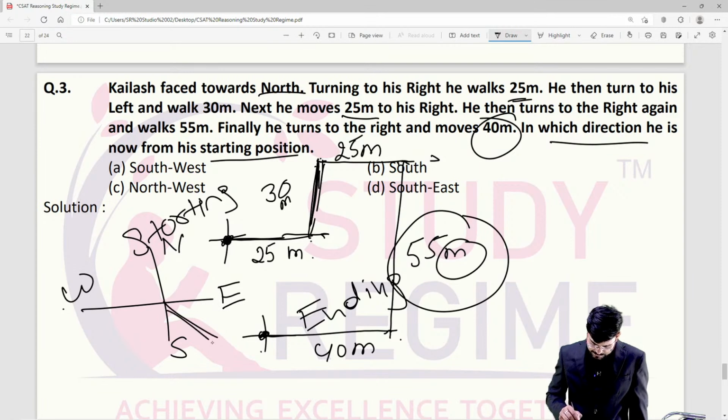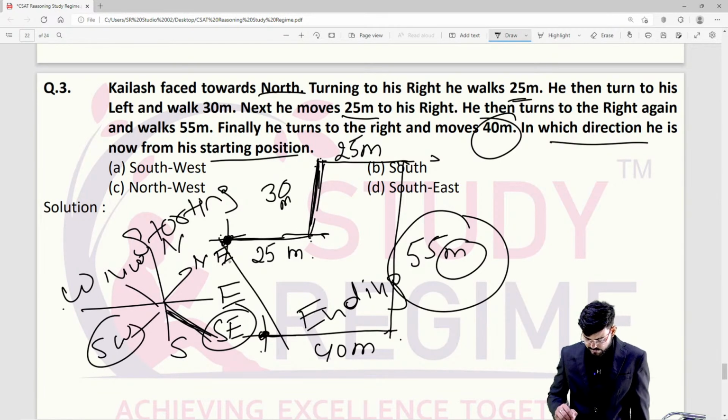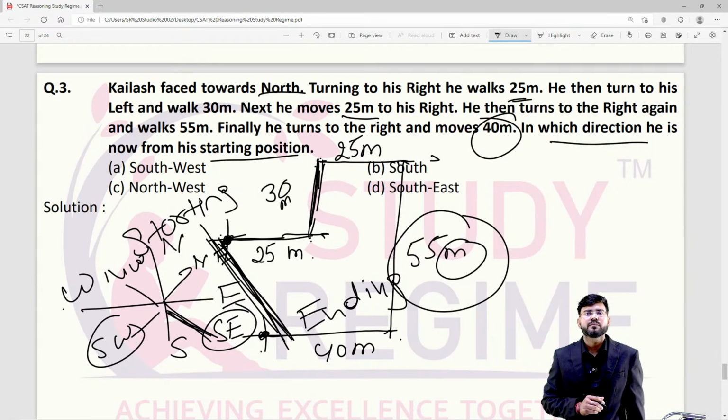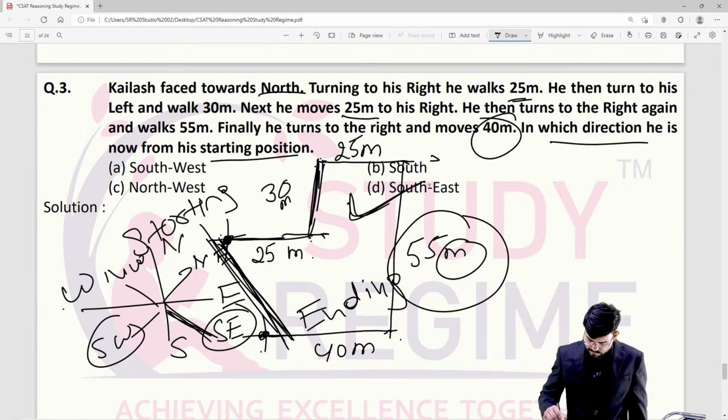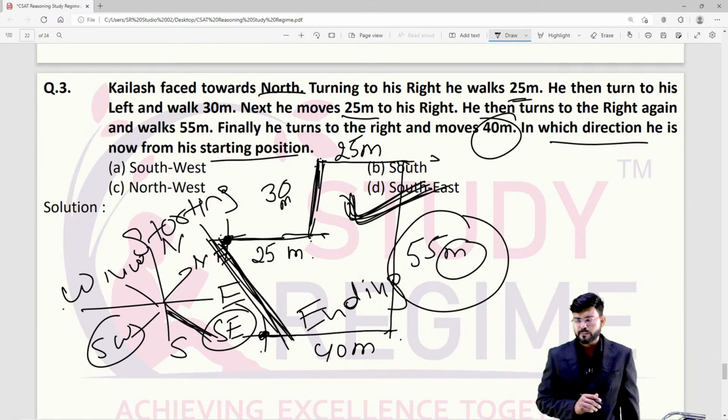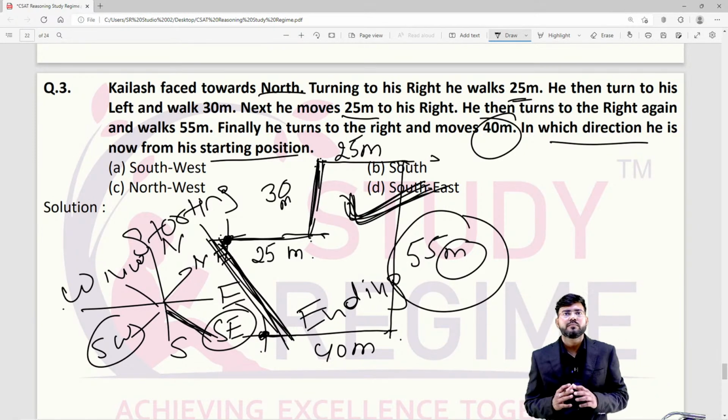If there is any direction somewhere in between, it is called southeast. Somewhere in between north and west, this will be northwest, and this will be southwest. So Kailash is facing almost a southeast direction. Clear? Somewhere in the southeast direction. So according to the question, your answer will become what? D part. Clear? Very easy. The question is big, but the solution is very easy.